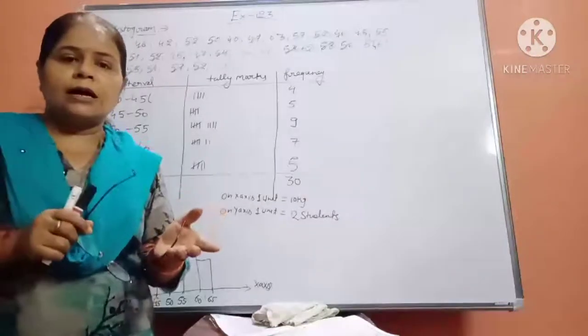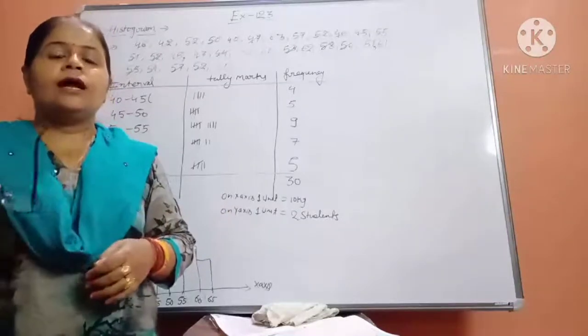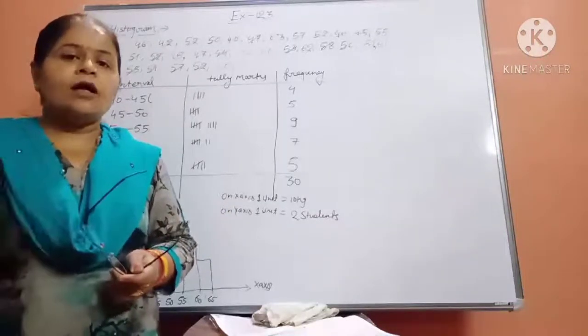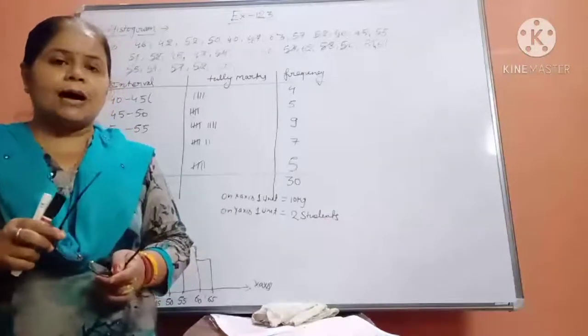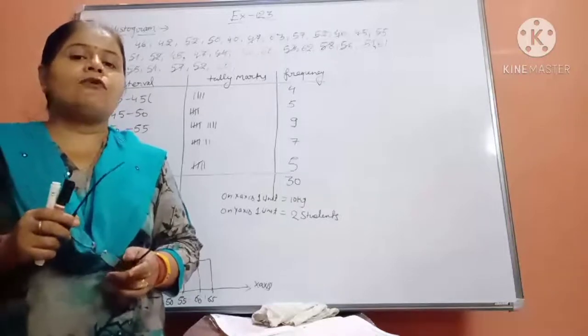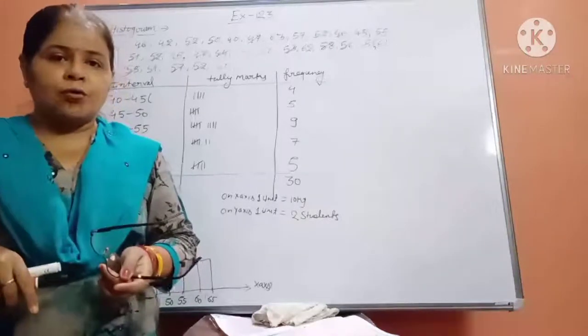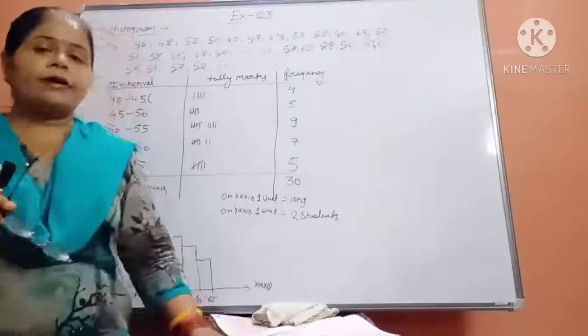Bar graph, histogram and pie chart also, showing how a player is scoring his score in the ground. For that they are drawing a pie chart, and in that pie chart we get the information in circular form. So that is the last topic of this chapter.